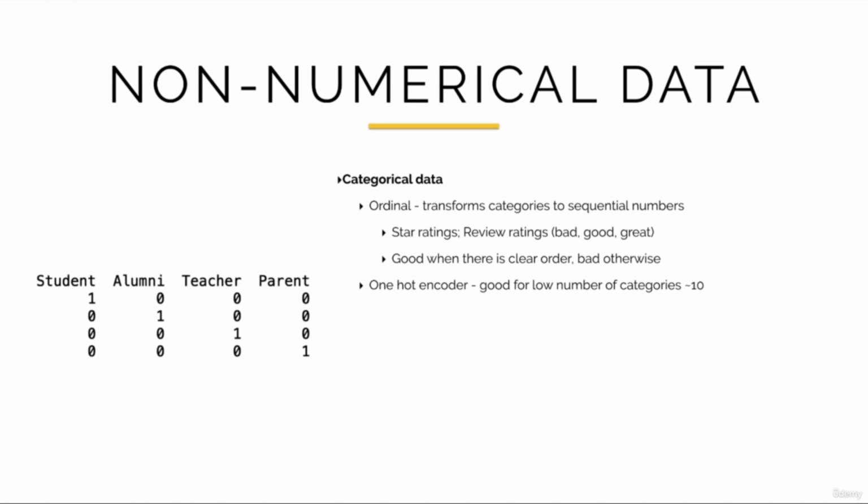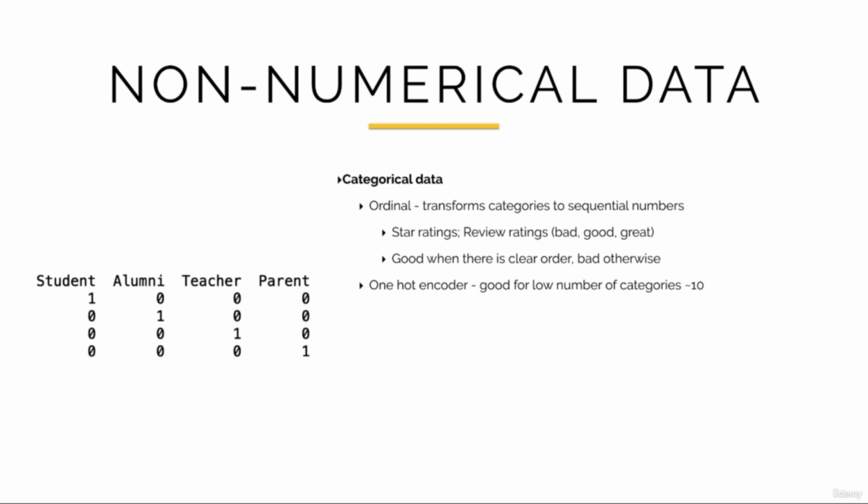So what you can do in this case, when there is no clear order between these different categories, you can do something called one-hot encoding. And that's what we see on the table on the left, where for each of the categories, you create your own column. And whenever that value is present, that value then gets a 1. And so we can see here if it's a student, the student column is going to have a 1, and every other column is going to have a 0. If it's an alumni, every other column is going to have a 0 except for the alumni column, which has a 1.